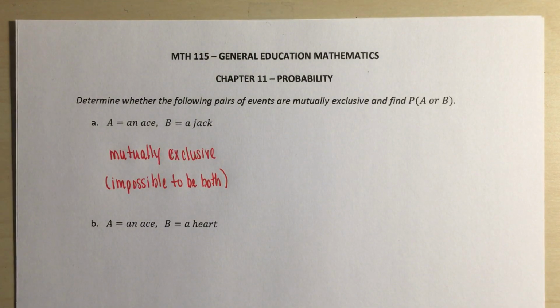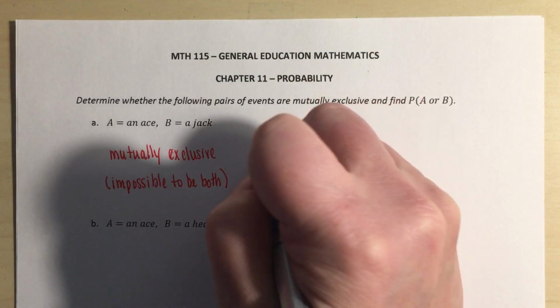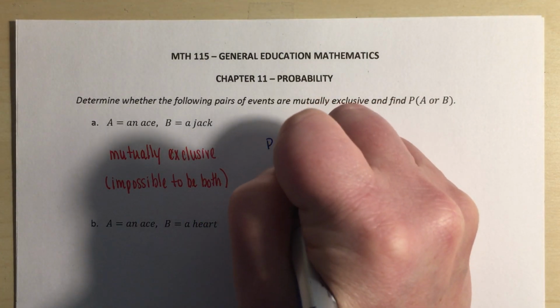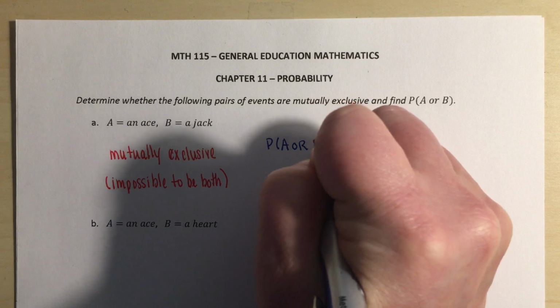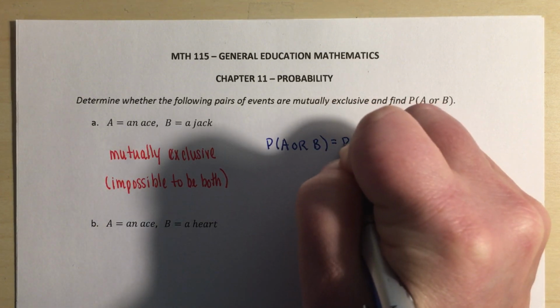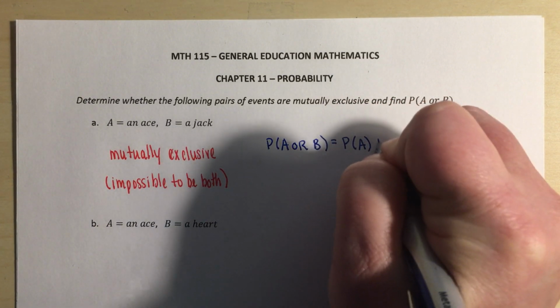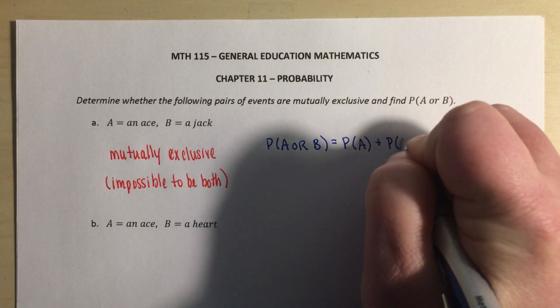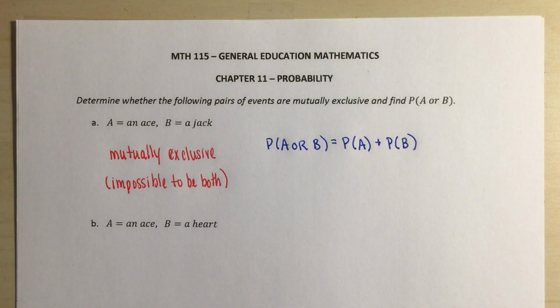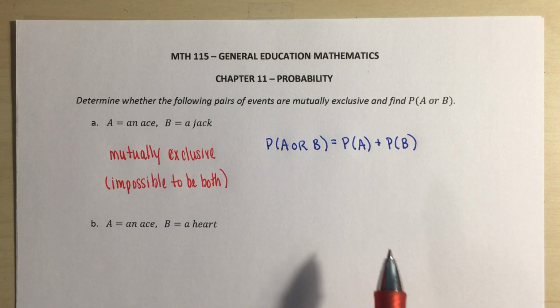If we have mutually exclusive events, we can use for our probability of A or B our shortened formula, the probability of A plus the probability of B. So since we are mutually exclusive, we're going to use our shortened formula.